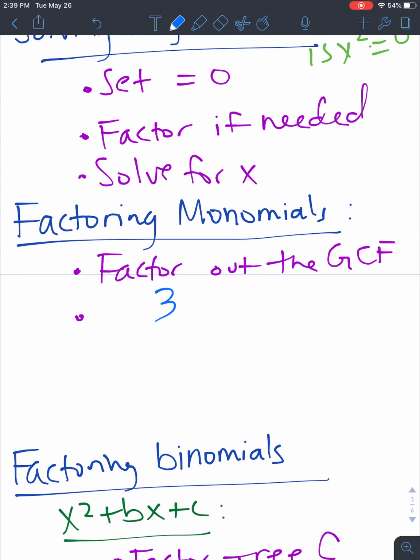So maybe we had 3x to the 4th plus 12x squared minus 9x. In situations like that, when we're asked to factor, it's easiest to start by factoring out the greatest common factor.